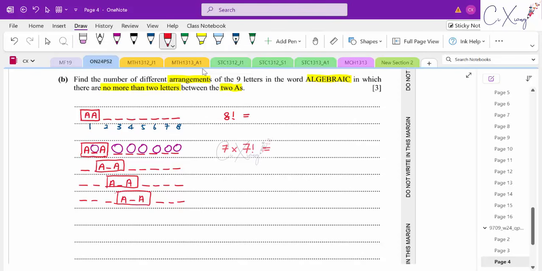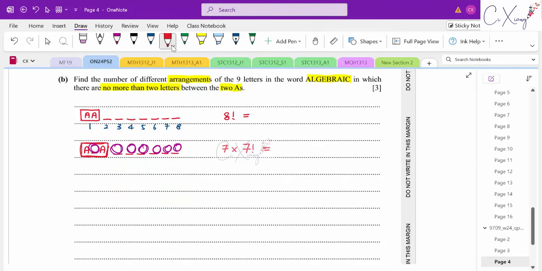Again, the 7 here without the factorial means you are placing this whole unit into the available spaces, so there are 7 in total. Then the 7 factorial is to place the other 7 letters into the 7 spaces, which is 7P7, and usually we simplify by using 7 factorial. So this is the second case that we have.